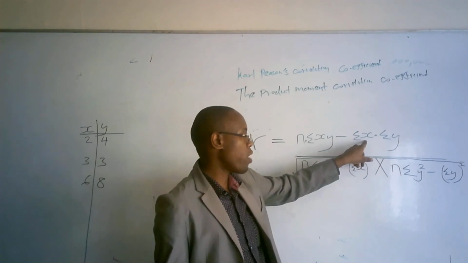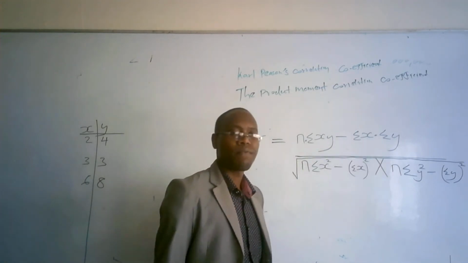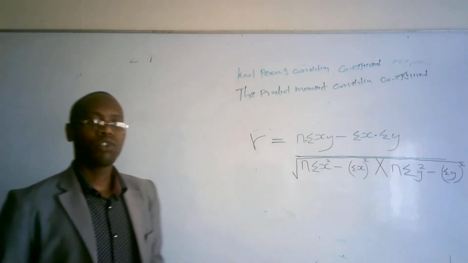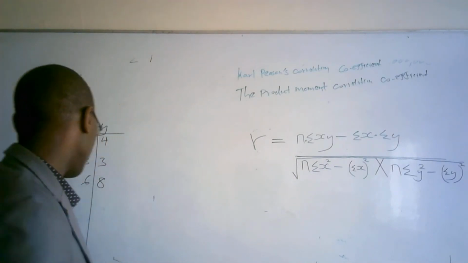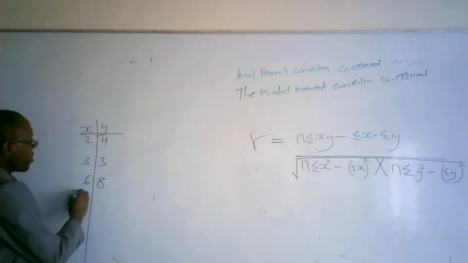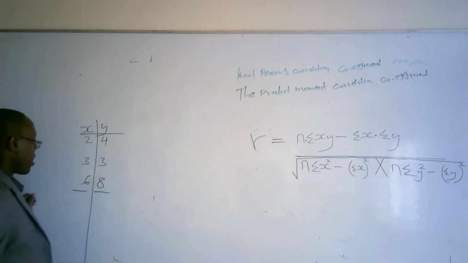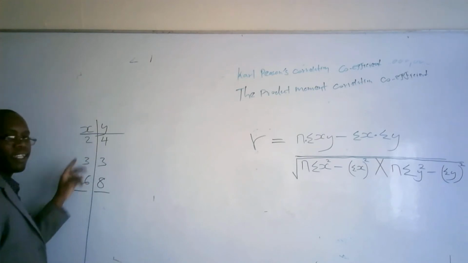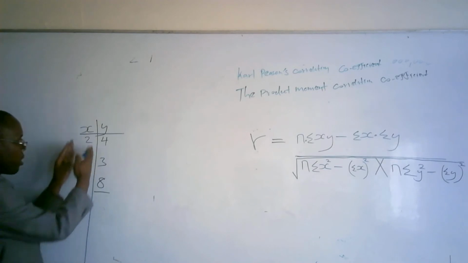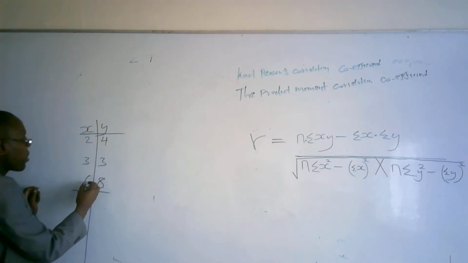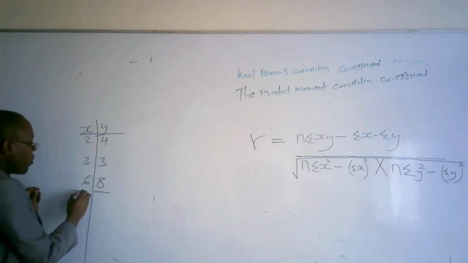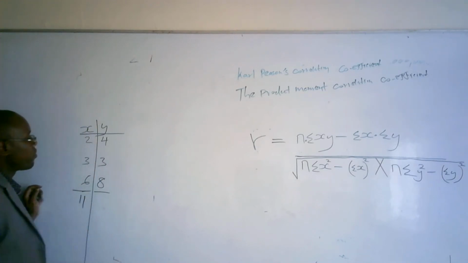What you do, for summation x, is add every element under the column of x, which is going to be 6 plus 3, which is 9, and then plus 2, which is 11.